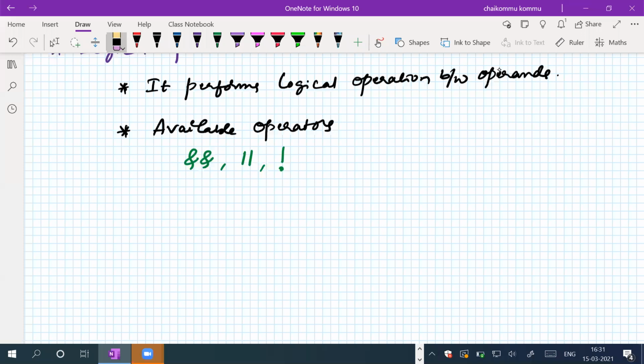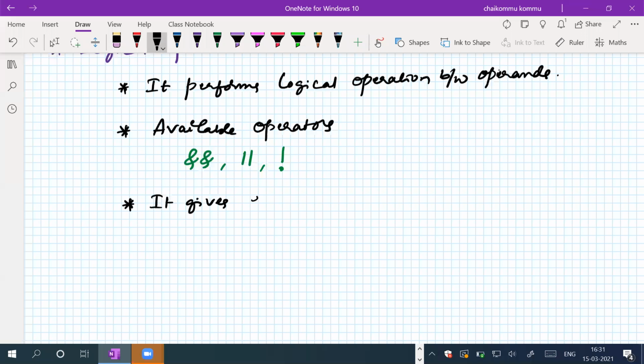It gives either a true or false output value. What does it mean?